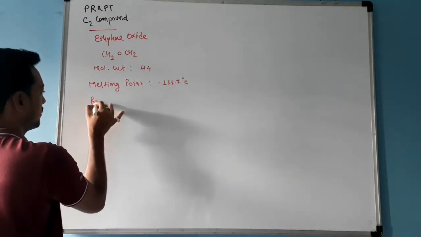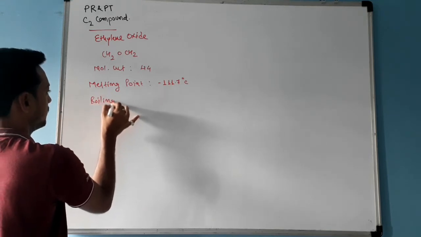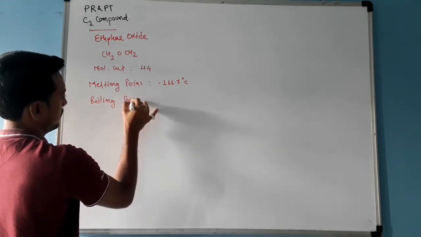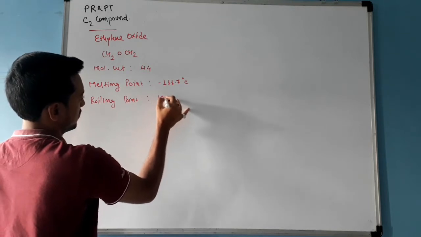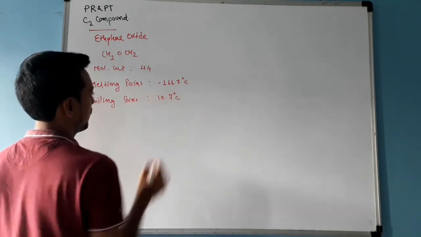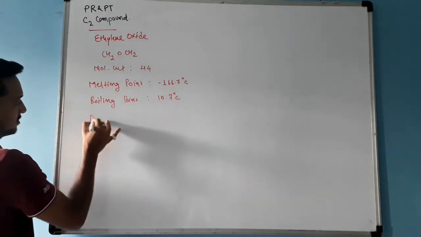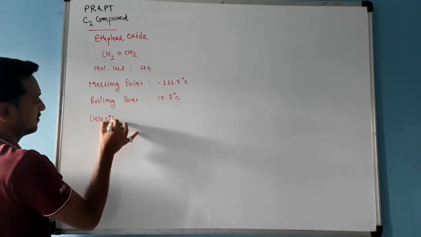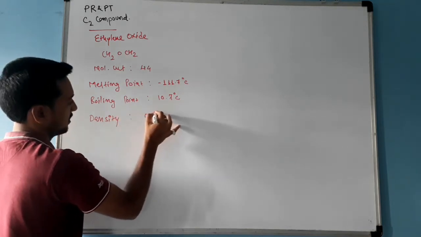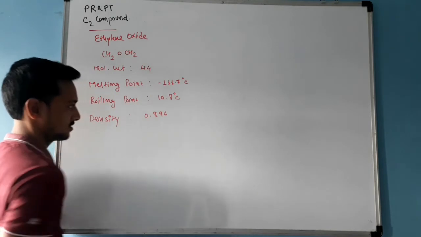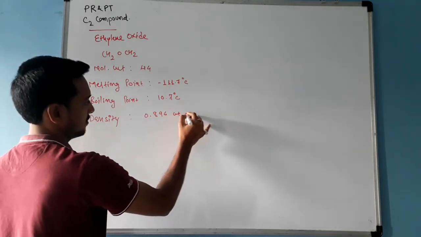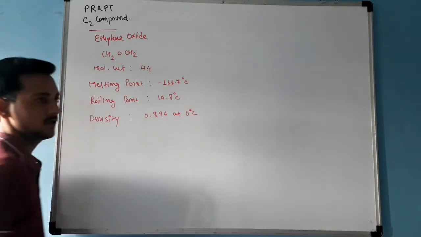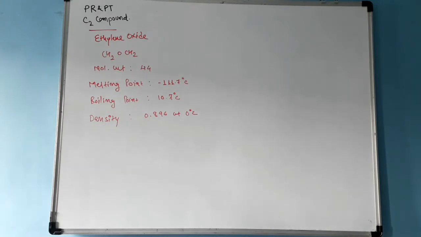Boiling point 10.7 degree Celsius. Density 0.896 at 0 degree Celsius.